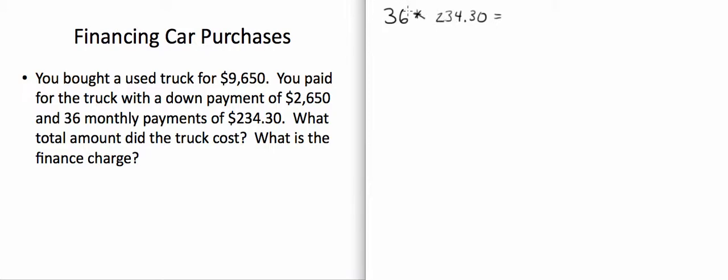When we do that, we get an answer of $8,434.80. From here, we're going to add in our down payment of $2,650, and our total amount is going to be equal to $11,084.80. Okay, so this is our total amount.